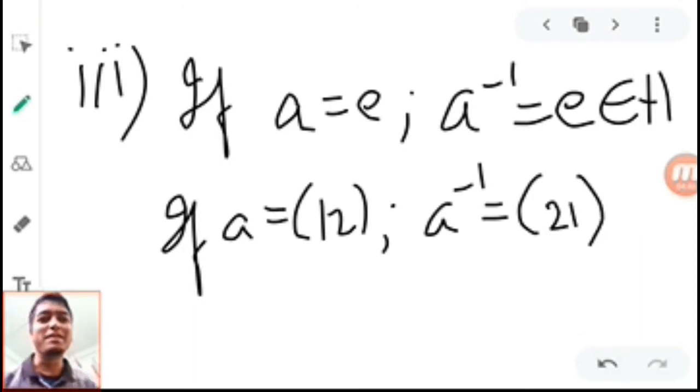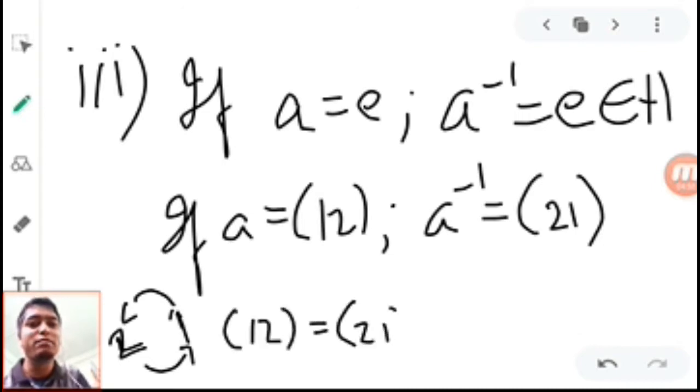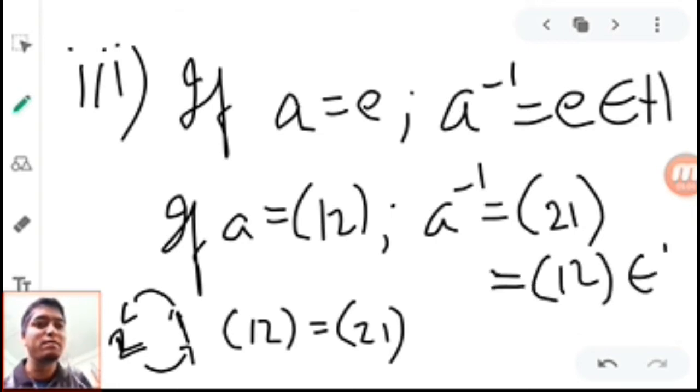So this one looks like it is not in H, but remember the cyclic order of a cycle. You are writing it as 1 and 2. If you maintain the cyclic order, it will be the same. That is, (1 2) will be equal to (2 1), because we are still maintaining the cyclic order. So this is (1 2).